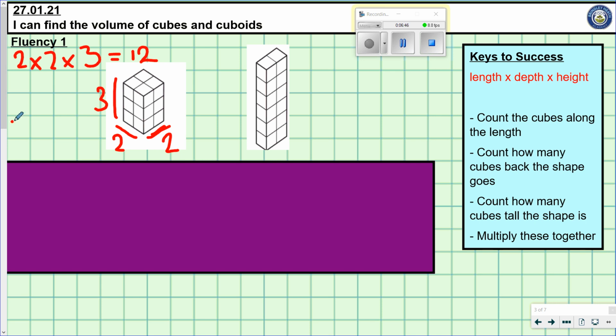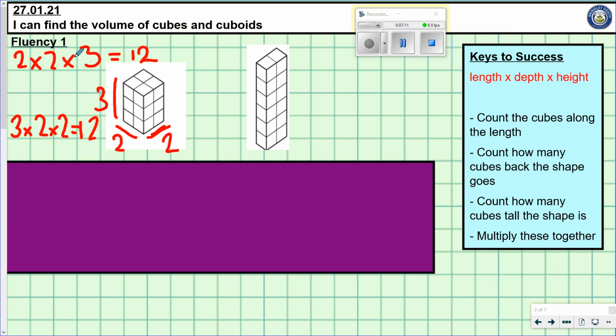I could have done 3 times 2 times 2. Okay, I'm multiplying them in a different order, so I haven't done it in the order of length times depth times height. I've actually done height times length times depth. Let's try it and see if I get the same answer then. 3 times 2 is 6, times by 2 gives me 12.